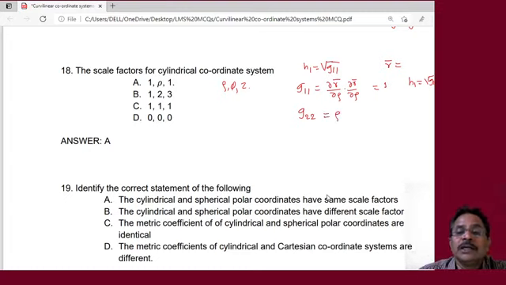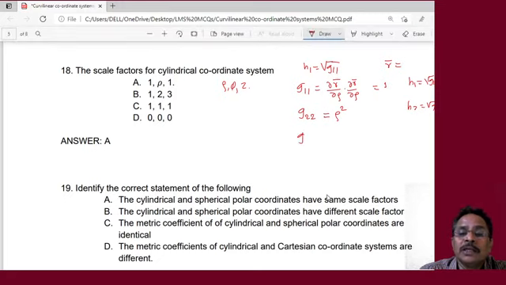If it is calculated, it comes to be rho squared, and therefore h2 is the root of g22, which is simply rho. Similarly, the third calculation g33 again gives 1, and therefore h3 is the root of g33, which comes to be 1. So 1, rho and 1 are the three different scale factors for the cylindrical coordinate system.